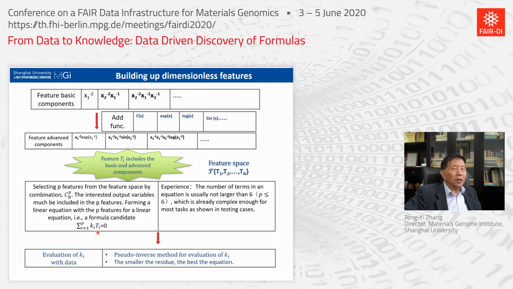In our current practice, we like the number of terms of the equation to be usually not larger than 6. Maybe you can think 5, 7, or even higher, but we think 6 is complex enough for most tasks, as shown in our following test cases. Then finding this formula turns into determining the constant coefficients.